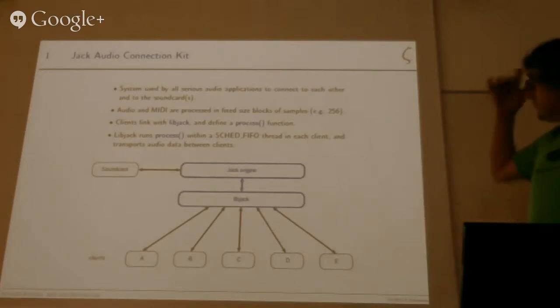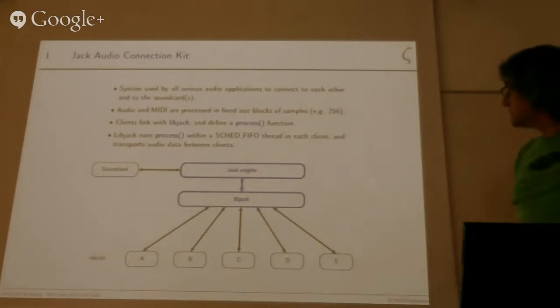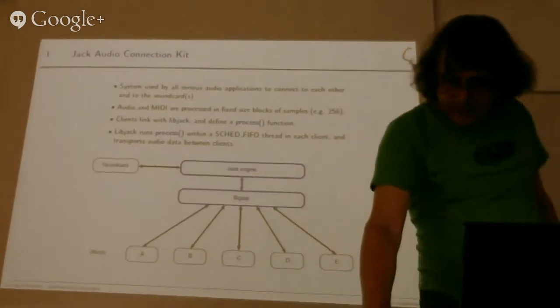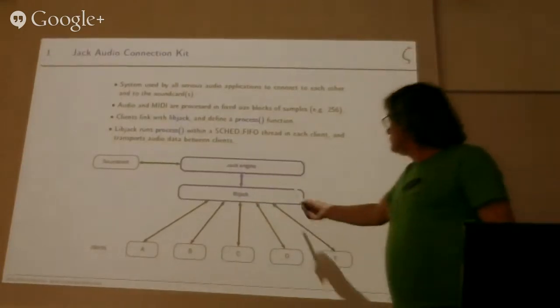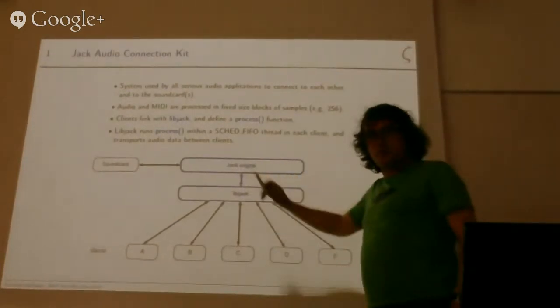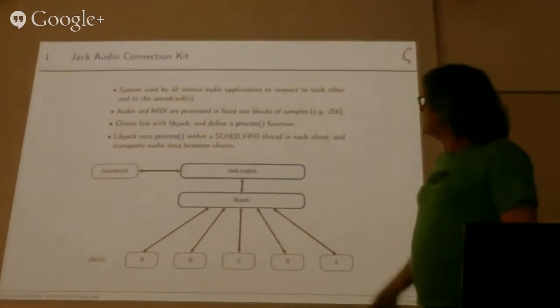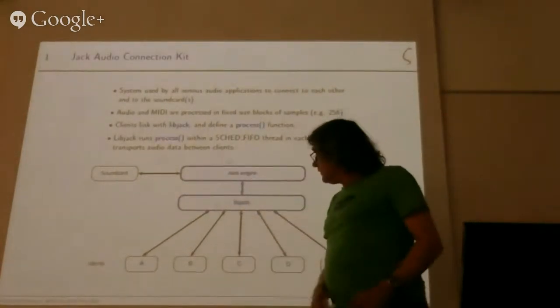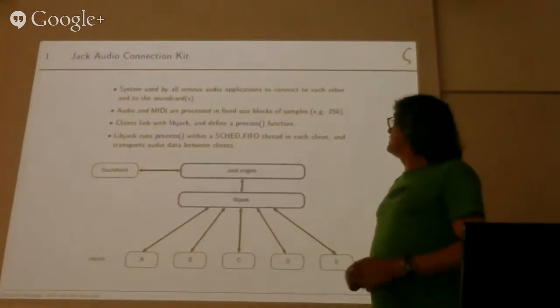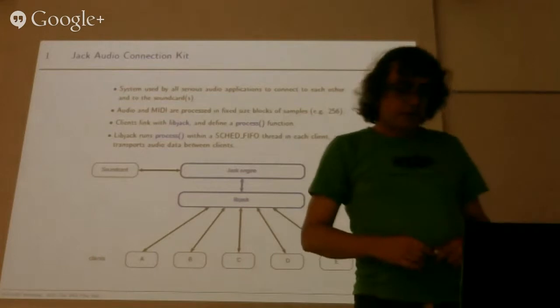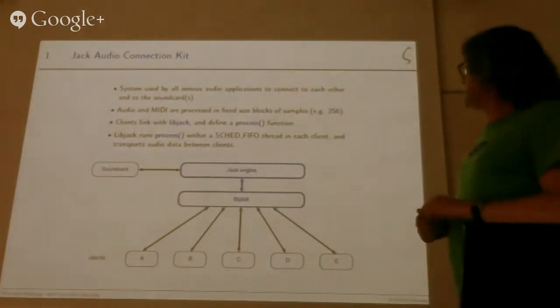So what does it look like for the programmer? For the programmer, there is the Jack application, which is normally called the engine, and there is a library called libjack. The two talk to each other via unspecified means. Clients link with libjack, and they define a function which is normally called process, can be called whatever you want, which is a callback function.